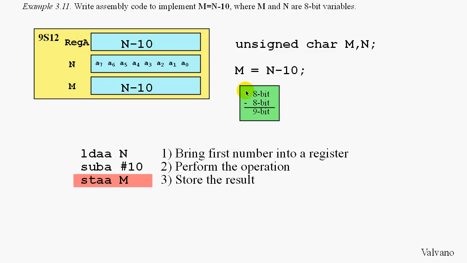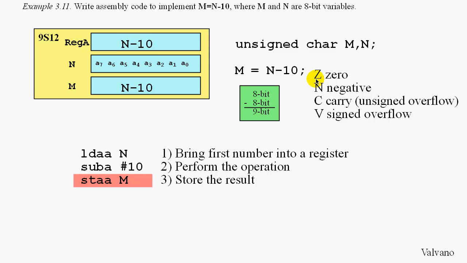However, just like addition, if we take an 8-bit number and subtract a second 8-bit number from it, the result, the difference, is a 9-bit result, and we've stored that result into an 8-bit location, and so an error or an overflow might have occurred on the subtraction. There are 4 condition codes set after the subtract instruction.